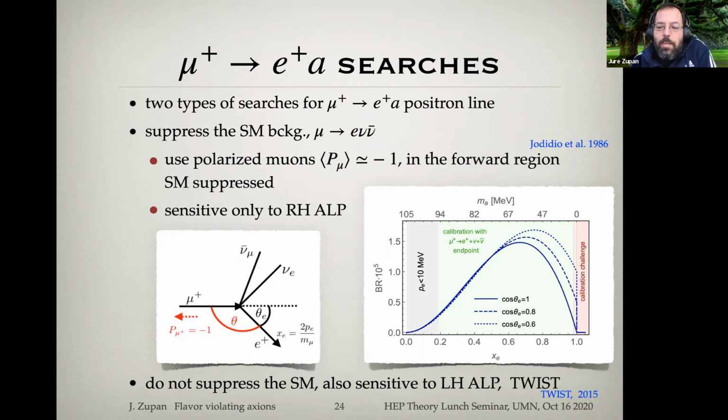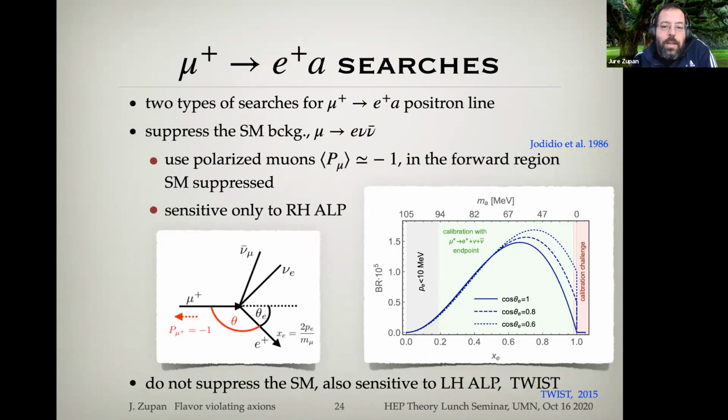If you're at the endpoint where Xe is equal to 1, there is no standard model background in the exactly forward region for a fully polarized muon. And this is where the decay to an axion would pop up. If you have a massless axion, you would see a bump at Xe equal 1. So that's the strategy: you use this suppressed standard model background to search for a line at the very endpoint. That's your DDO et al.